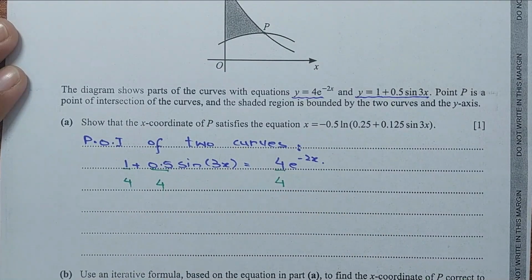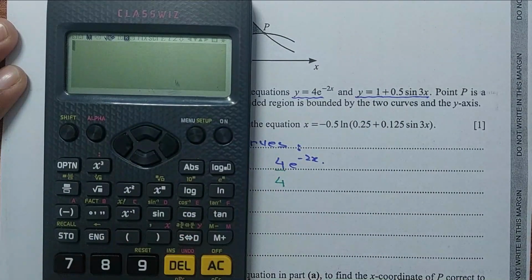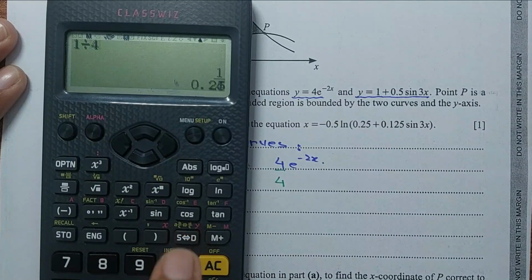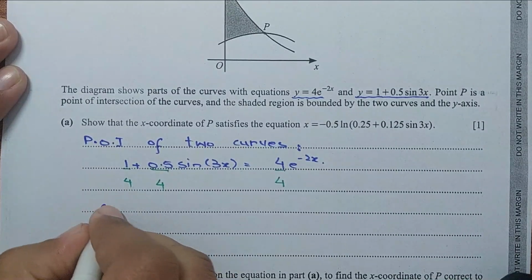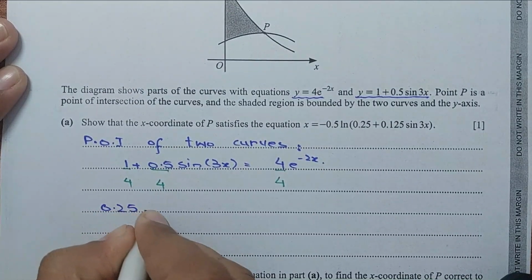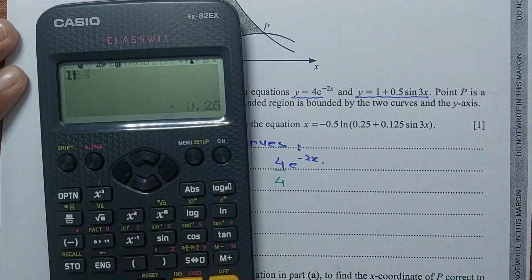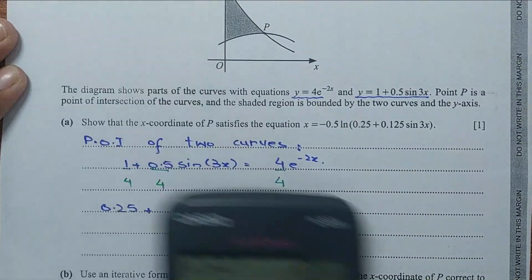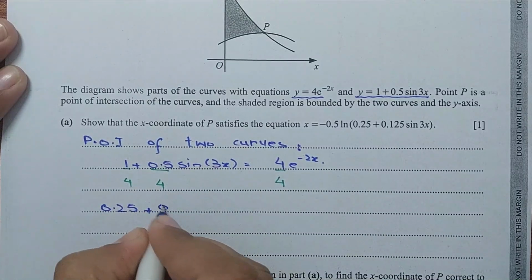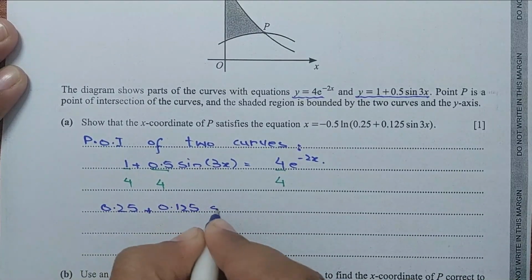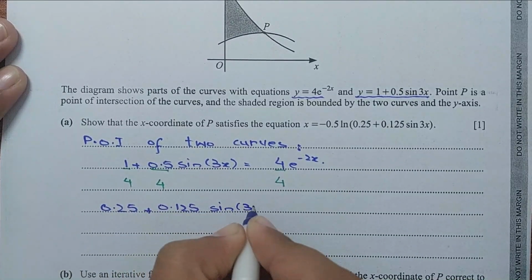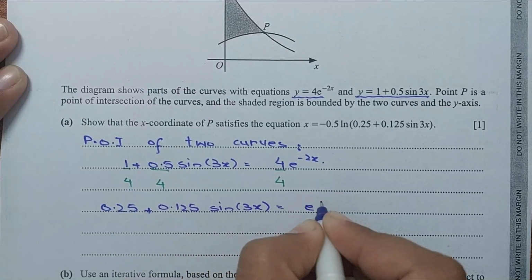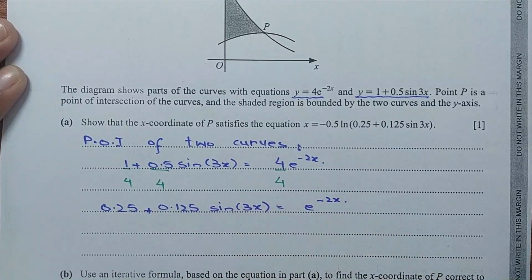What is 1 by 4? 0.25. And 0.5 divided by 4 is 0.125. So 0.25 plus 0.125 sine 3x equals e to the power minus 2x.